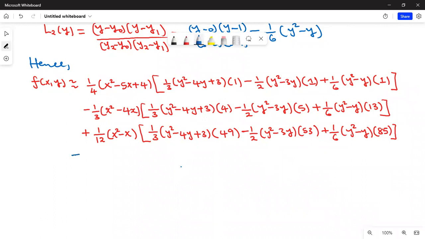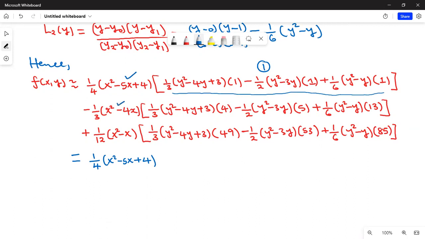So this can as well be written as, when you simplify, we are going to get 1 over 4 x squared minus 5x plus 4. The whole of this bracket should give you 1. If you work it out, you will get 1. So that should be 1. Go to the other, of course, I've written this, then times 1, which I don't need to write.